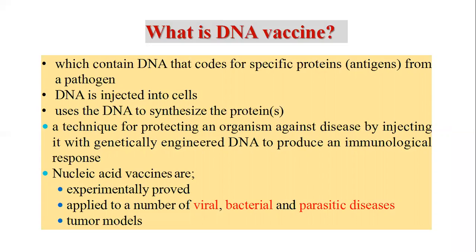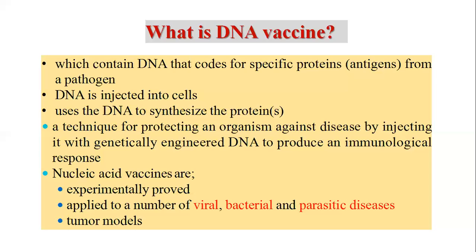So it is a technique for protecting an organism against disease by injecting it with genetically engineered DNA to produce an immunological response within the host. So this is the definition of DNA vaccine.